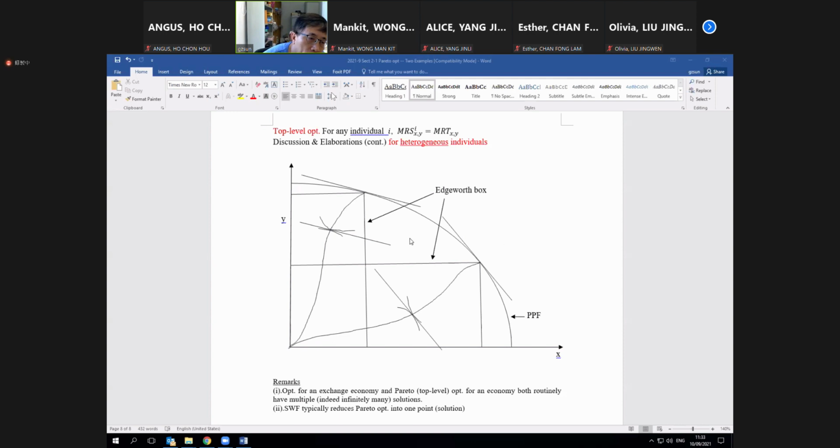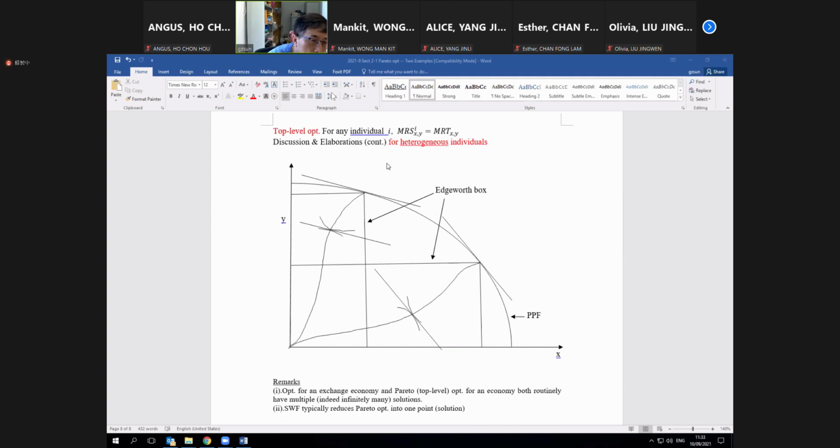So we have finally got to this point. That is, we can summarize and illustrate all that we have discussed so far about the Pareto optimal. We break down the Pareto optimal into 3 levels.